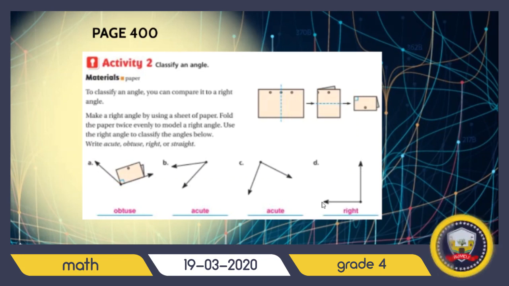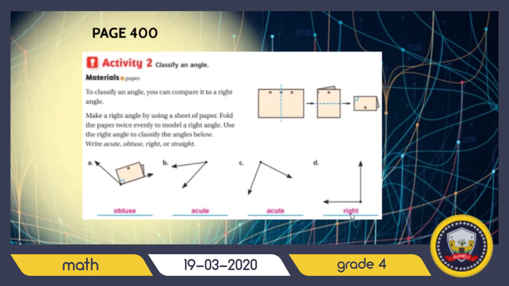If my angle is less than a right angle, it will be an acute angle. If it is greater than a right angle, it will be an obtuse angle this time. Check it. Acute angles and obtuse angles. So question C also represents an angle less than a right angle.